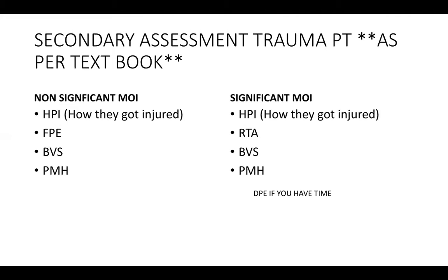That's why the PMH is listed at the very bottom and not paired with the history of present illness. I just want to answer that now, just in case you are asking that in your head. That's how the textbook explains it, and it does make sense.